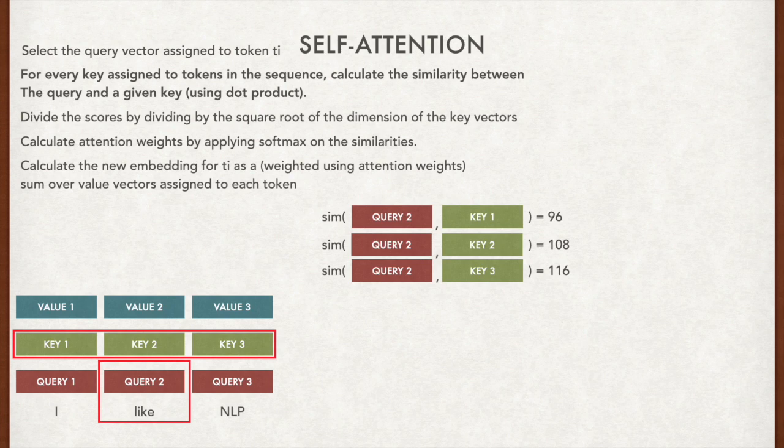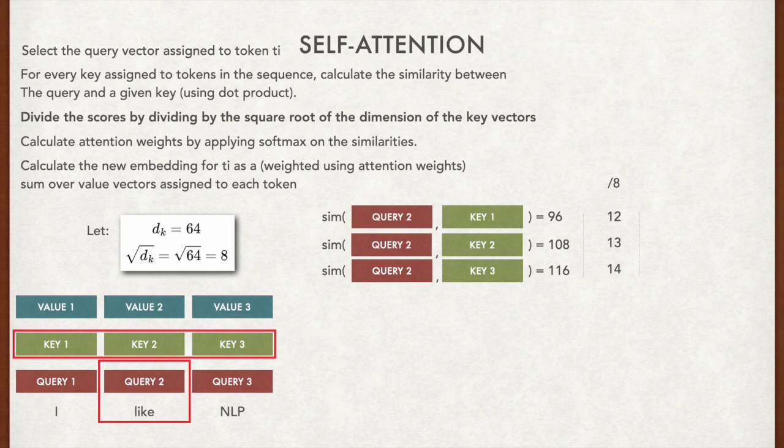We will normalize those values, but first let's scale them by dividing them by the square root of the length of the key vector. This will help us in the subsequent step. Assuming that the key vector has 64 elements, the square root of its length is 8.